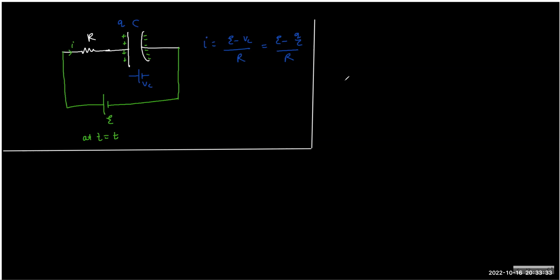If you bring another cell, then charge will again start flowing in the circuit, if the EMF of the new cell is more than the EMF of the old cell. It will further do the charging. If the EMF of the new cell is less than the charge on the capacitor, that is, if Q by C exceeds the new EMF, it will discharge till it acquires charge as per the new cell.